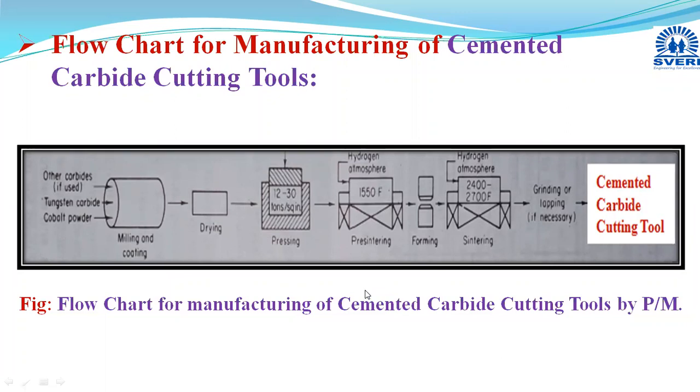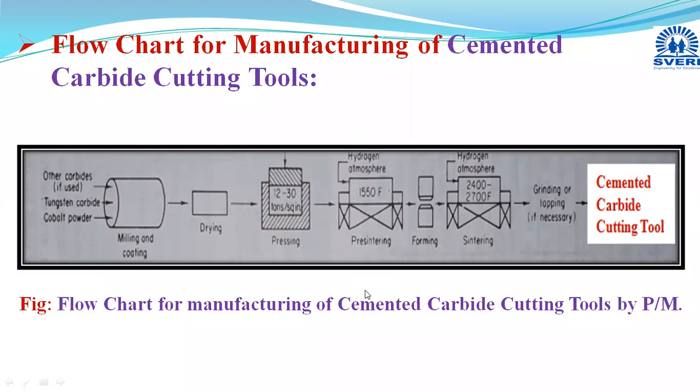In this way, I have completed the introduction to powder metallurgy. In this, we have learned the concept of powder metallurgy, and then different powder production methods, and the general steps involved in manufacturing a component using the powder metallurgy technique, like powder production and mixing or blending, compacting, sintering, sizing or machining, and testing and inspection. We have discussed the advantages, disadvantages, and applications of powder metallurgy.